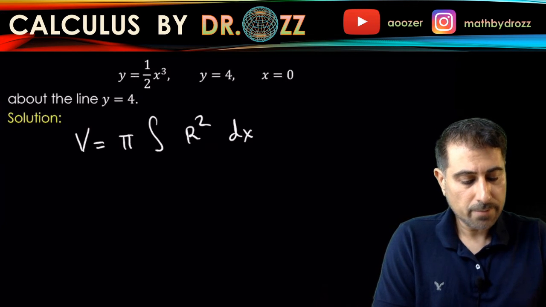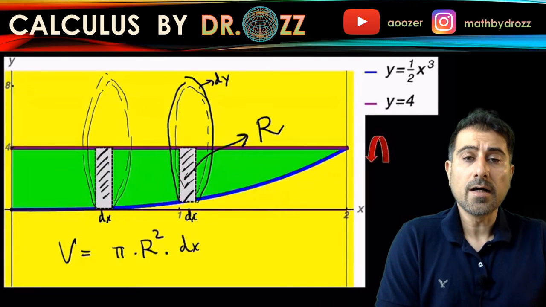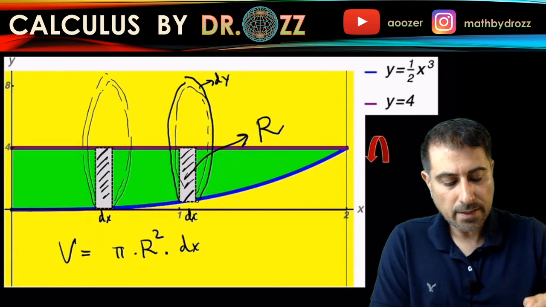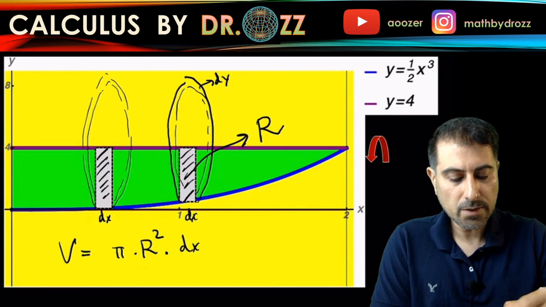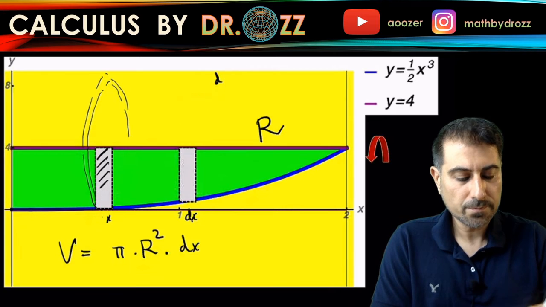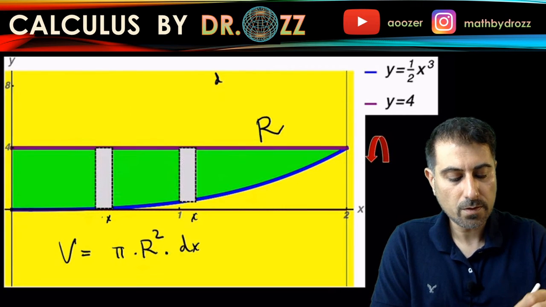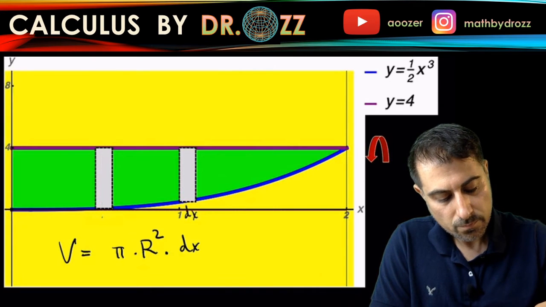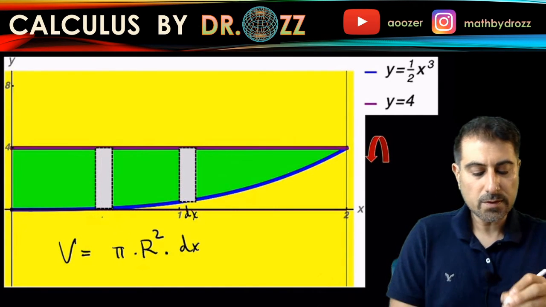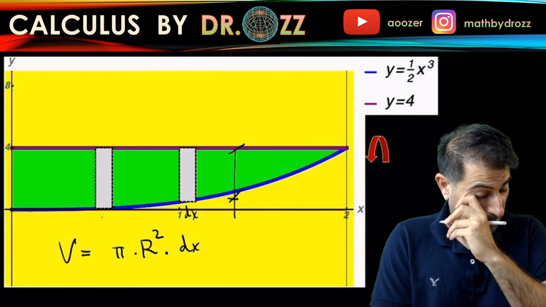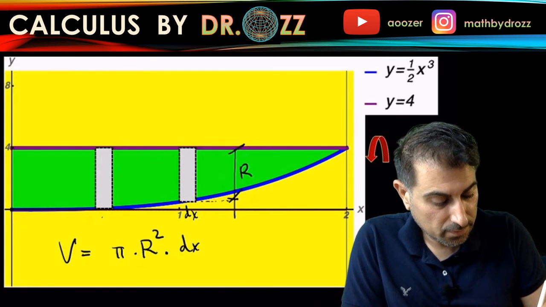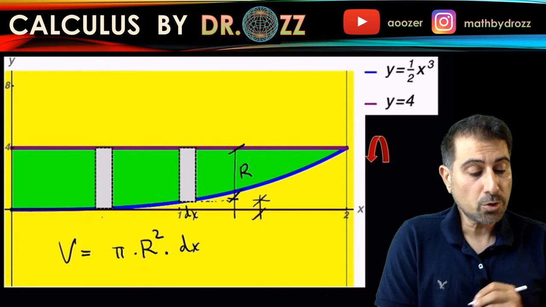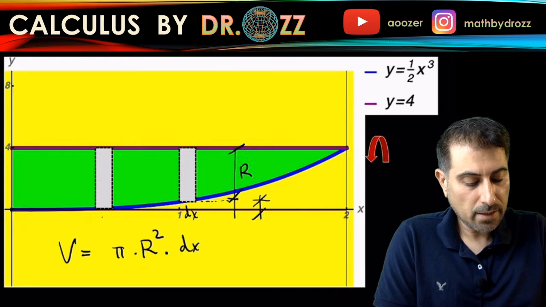Let's first find capital R for my representative disk here. Let me clean this up for you. This is thickness dx, and I'm trying to find this distance here. First off, what is this distance? That distance is determined by the blue curve, which is 1/2 x cubed.